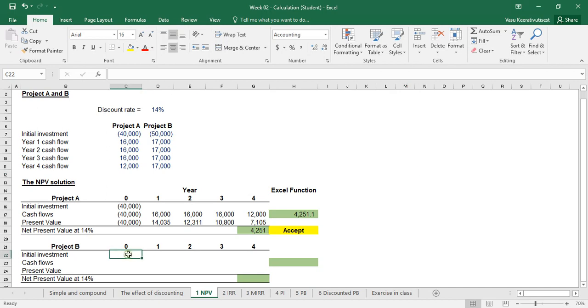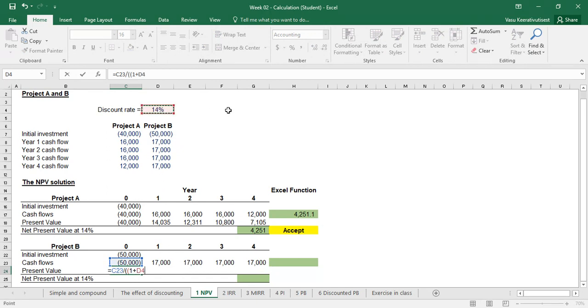Let us work together on Project B. I will do the same thing. Right now, I am working on the present value calculation, and I do the same thing as the first project.